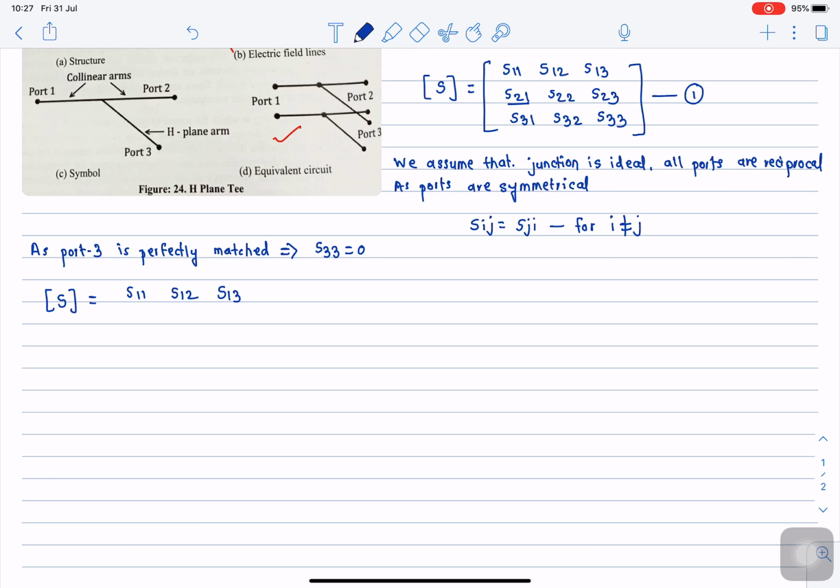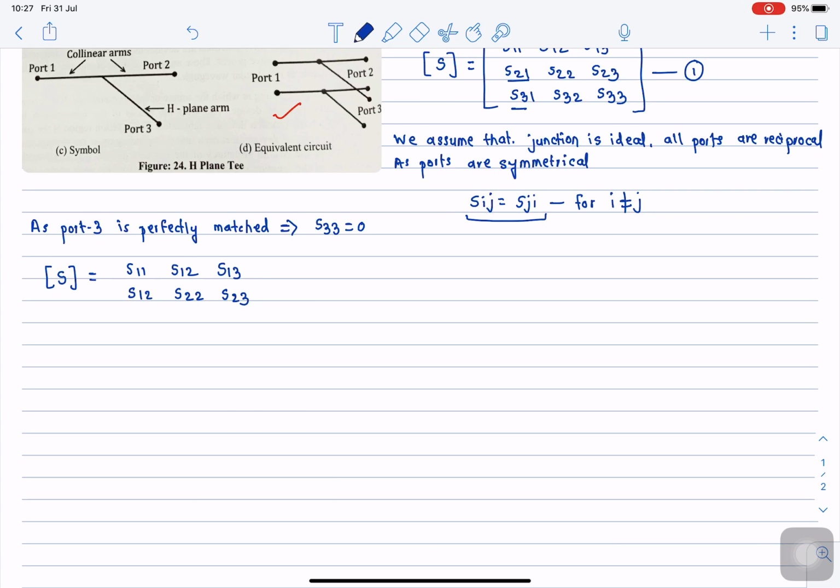So instead of S21, I will write S12, right? Similarly S22 as it is, no change. S23 also as it is, no change. Now next is S31. This S31 I can write as S13 by again following the same property, right? S32 I will write as S23. And already we know that S33 is 0, so I will put S33 equal to 0.